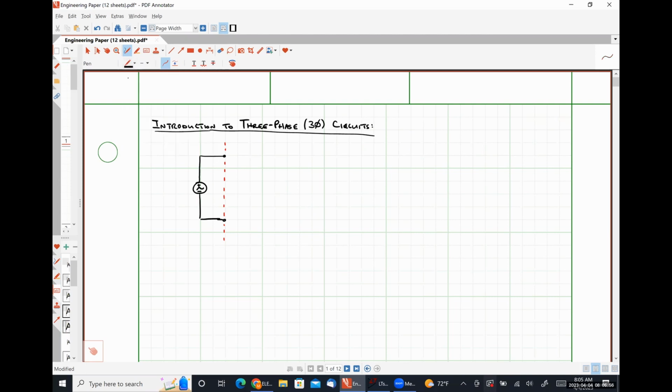And I'm going to say that over here we have some voltage VP, where that VP stands for a phase voltage with some particular phase angle, theta V. And then over here on the right-hand side of the screen, we are going to have a load, which I am simply going to designate as a generic load having some impedance ZL.